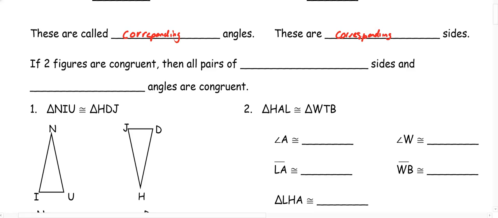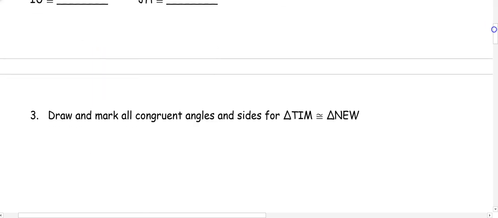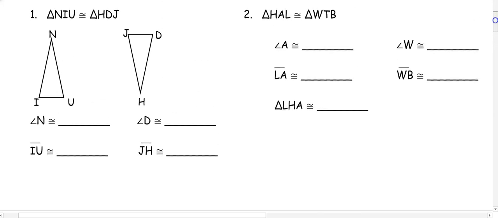So if two figures are congruent, then all pairs of corresponding sides and corresponding angles are congruent. So let's use that idea to complete the statements in number 1 and 2. So number 1, we have triangle NIU and triangle HDJ.